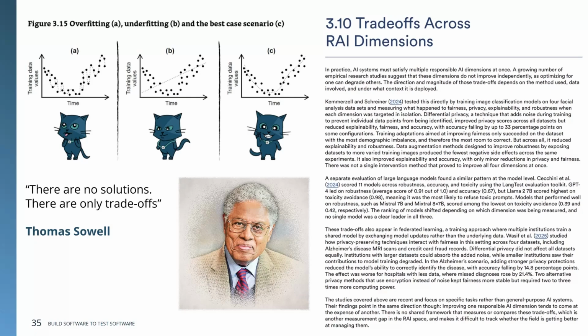And it is, I believe, a very good section to read for any software tester. It describes that when you try to improve something on one dimension, you make it worse on other dimensions. And we as software testers need to explore it.